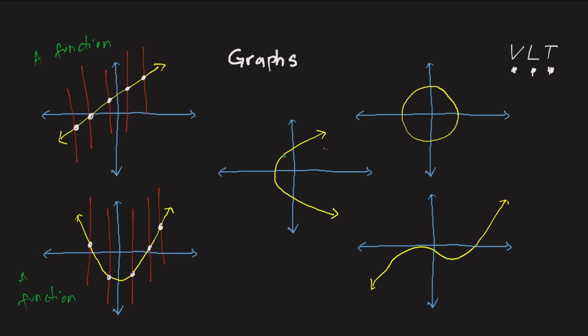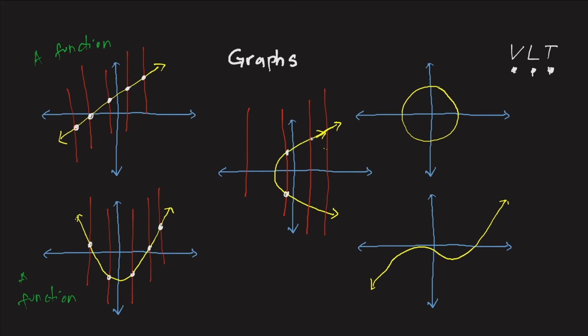How about this graph at the center? Okay, so let's see. We draw a vertical line. It does not pass through, and that's okay. We draw a vertical line here, and here, and here. And actually, this must be extending that way. Okay, so we see that the vertical line is passing through the graph at 2 points, here and here.